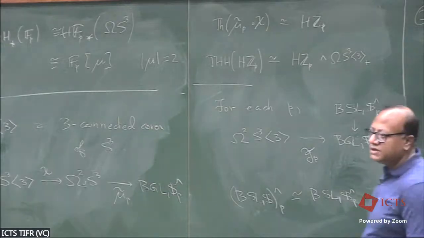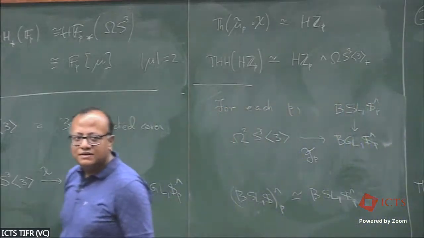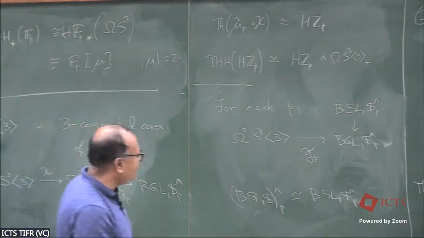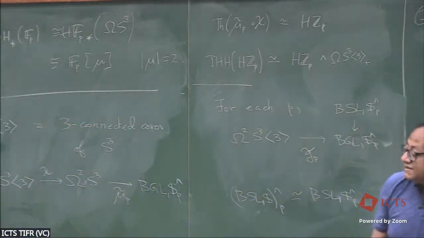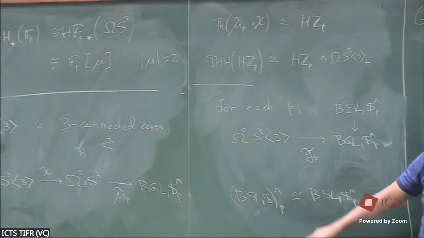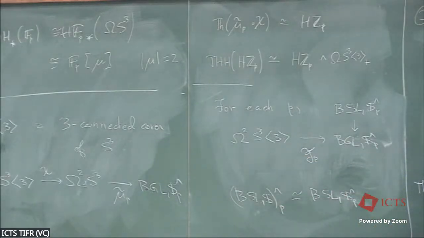Now, if you remember the fracture square, which I think was written by Wiglek in the first lecture, from the fracture square you see that given maps like this to the P completion for each prime P, you can use them to construct a map actually to BSL1 S. So you get a map.